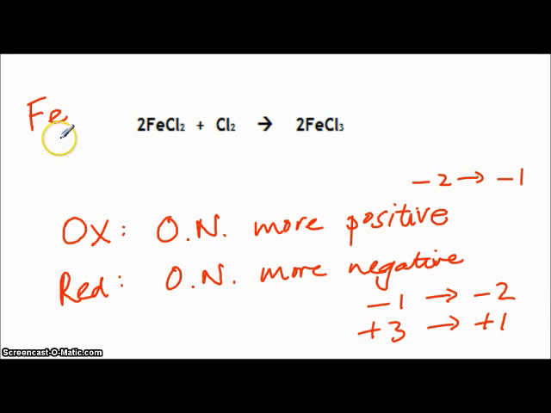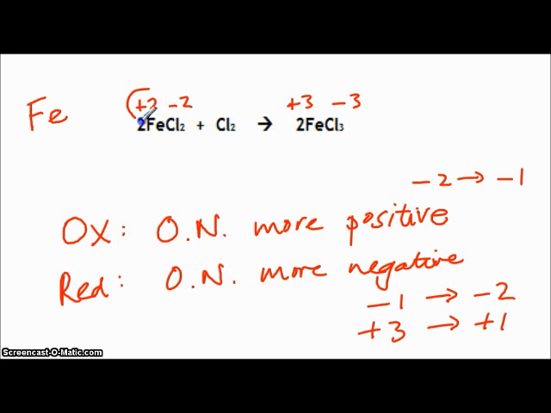So let's have a look at Fe in this reaction. Let's track oxidation numbers. Chlorine is -1, and there are 2 of them, so that's -2, which means that our Fe is +2. And on this side, chlorine still is -1, there are 3 of them, so that's -3, so our Fe must be +3.